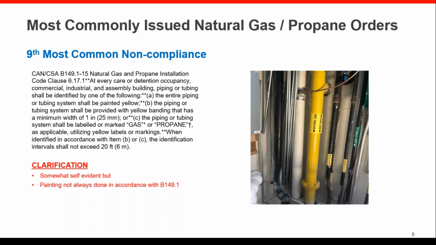So here you can see a good example of where a piping has been painted, but also has been labeled with an appropriate label to indicate that it's natural gas. And so the clarification is somewhat self-evident, but I can tell you in our travels that this painting is not always done in accordance with the code, and it's certainly important to do that when you get into these types of buildings.